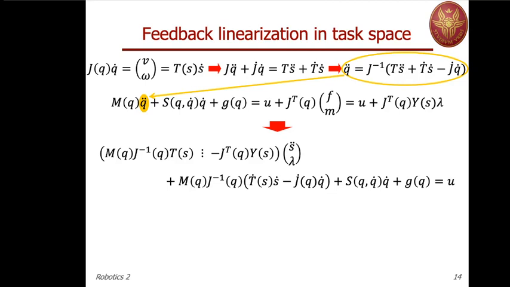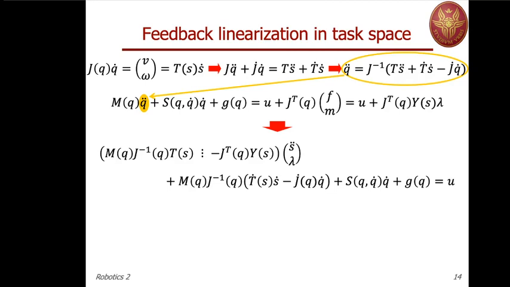So we will put this into this, let's say, hybrid inertia expressed in the task frame. So this will come from the right-hand side of the dynamic model. So J transpose Y brought to the other side is minus J transpose Y times lambda, and then all the other terms, those coming from the acceleration again.